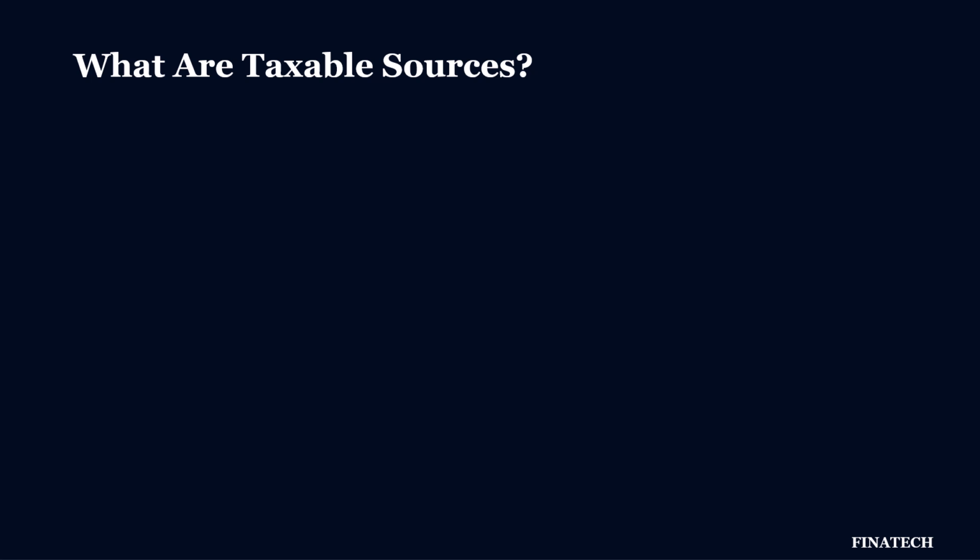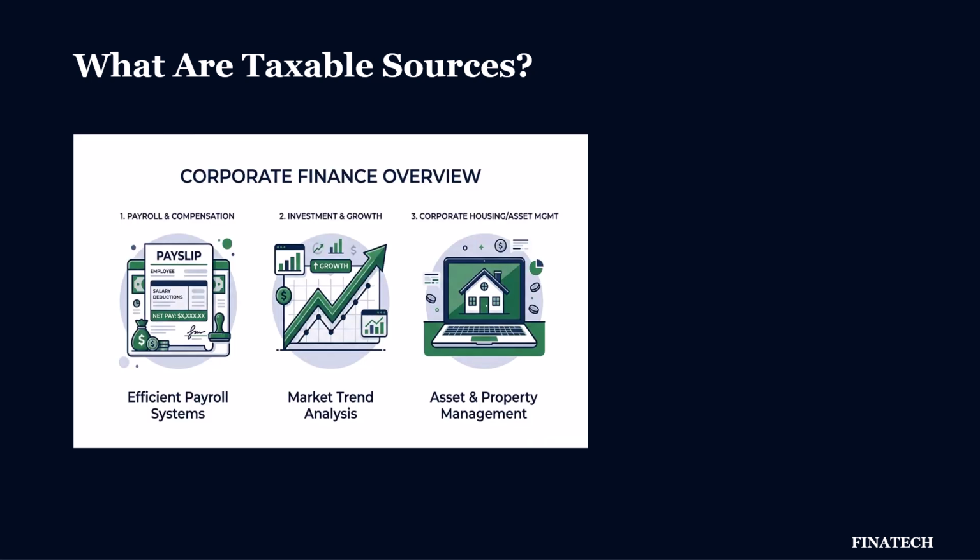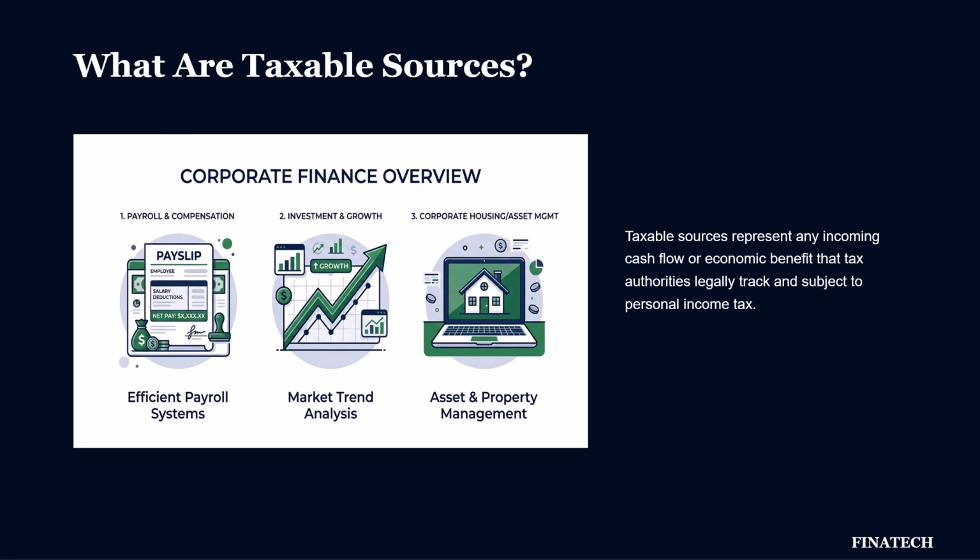What are taxable sources? On the image, we have three things: first, the payroll, investment, and corporate housing. Taxable sources represent any incoming cash flow or economic benefit that tax authorities legally track and subject to personal income tax.